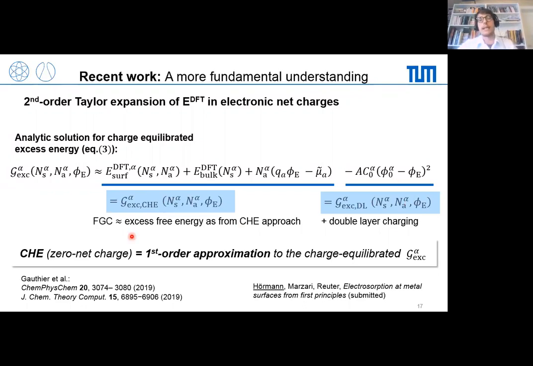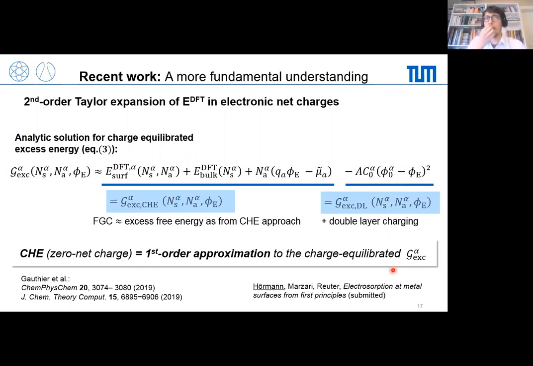What this analysis allows you to understand is that the CHE is very easily relatable to the fully grand canonical results. In particular, it is exactly a first order approximation to the fully grand canonical charge equilibrated excess energy of an interface.